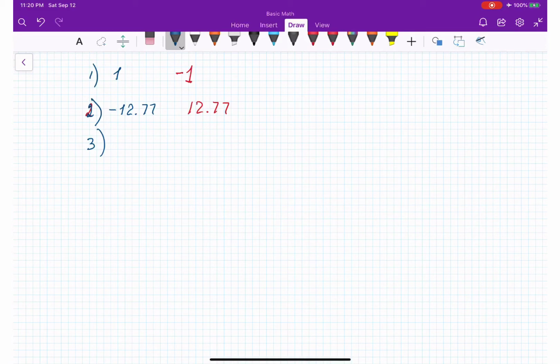So, by the definition of subtraction, in order to perform the subtraction of -4 minus -6, we have to add the opposite of -6 to -4.